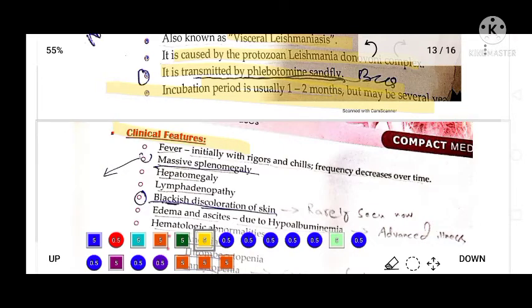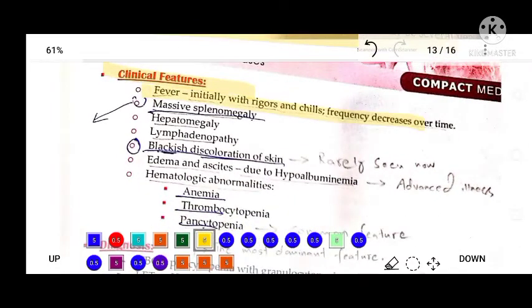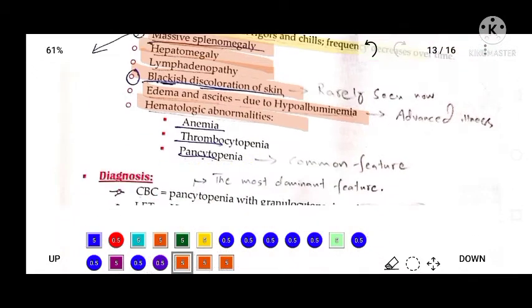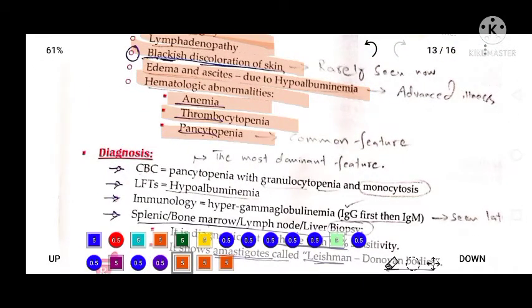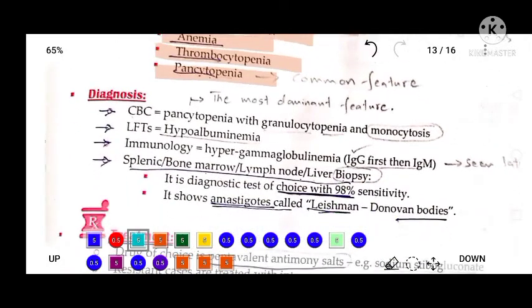And the clinical feature of leishmaniasis is fever. First of all, fever occurs along with rigors and chills, then massive splenomegaly, hepatomegaly, lymphadenopathy, blackish discoloration of skin, edema, ascites, and hematological abnormalities like anemia, thrombocytopenia, and pancytopenia occur. For diagnosis, CBC shows pancytopenia along with granulocytopenia, monocytosis.